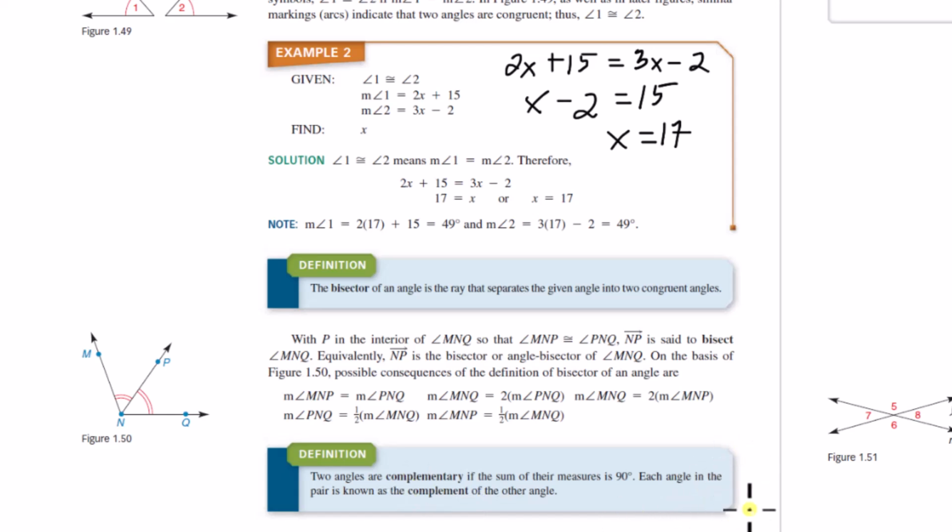By consequence of this definition, you can't have two complementary angles that are not acute. If there are no negative angles, how are you going to have angles that sum to 90 that aren't acute? So two complementary angles are two angles that sum to 90. With the definition of complementary, we're not talking about negative angles.